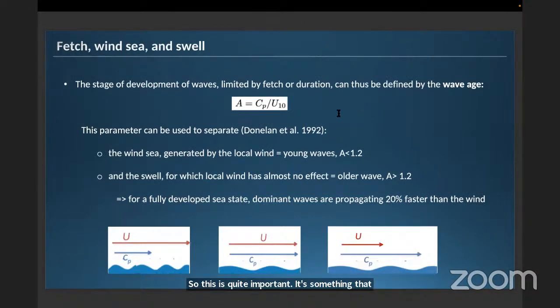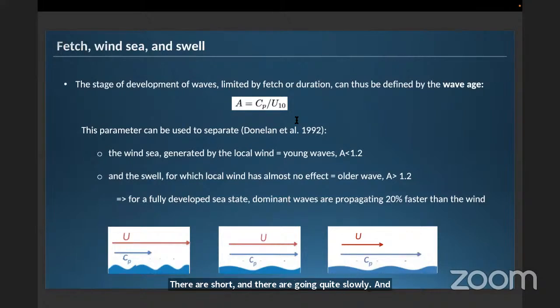It's what we name the wave age, which is this ratio between the phase speed of the waves and the wind speed. And this is something that we use to consider what kind of sea state we are dealing with. So if the waves are young, so they have just been generated by the wind, they are short and they are going quite slowly, and so the phase speed is lower than the wind.